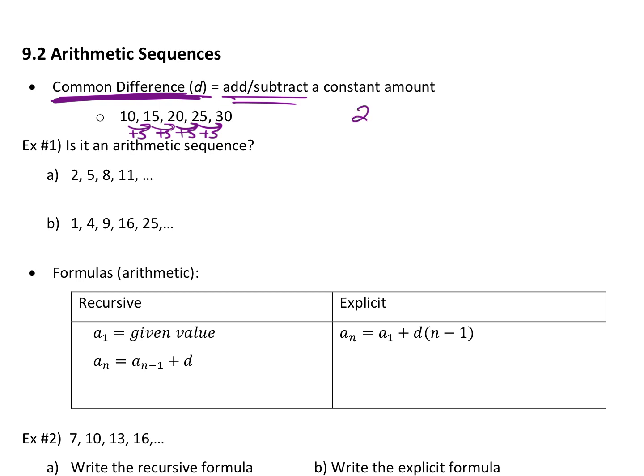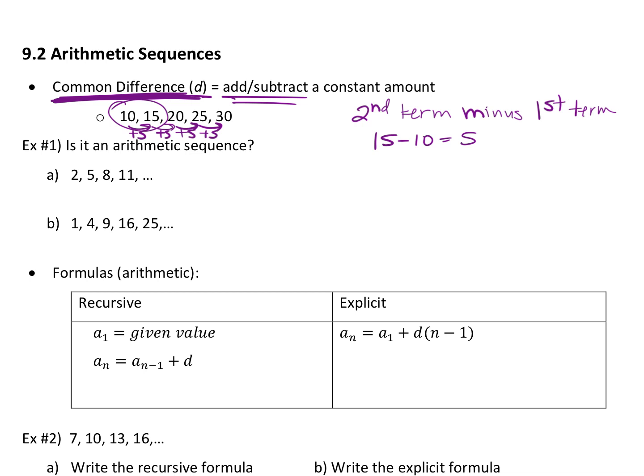If you take your second term minus your first term, you should get your common difference. For instance, 15 minus 10 is a positive 5. Your common difference is 5.